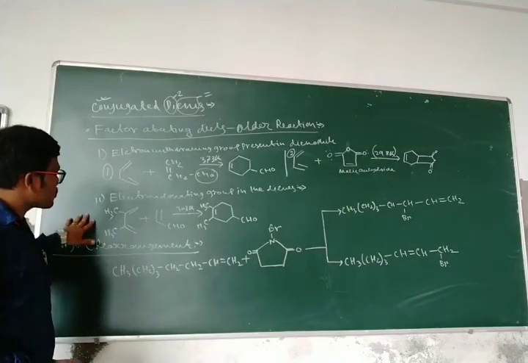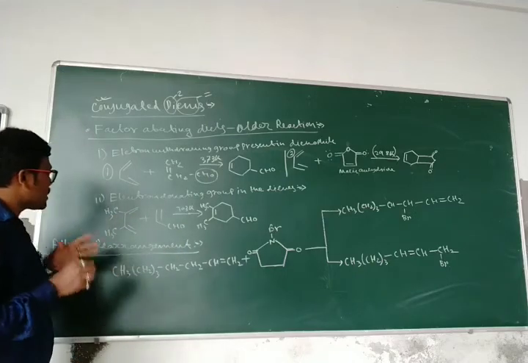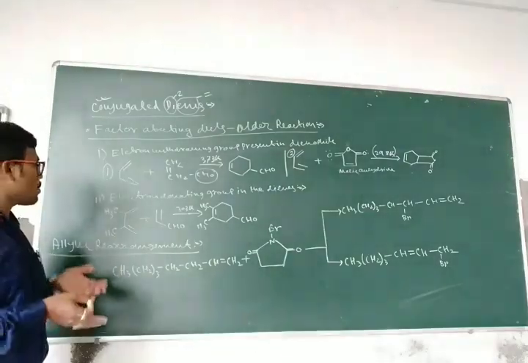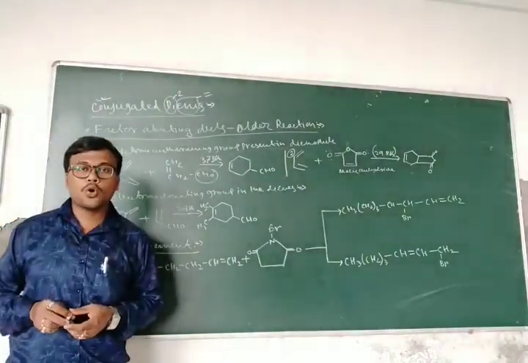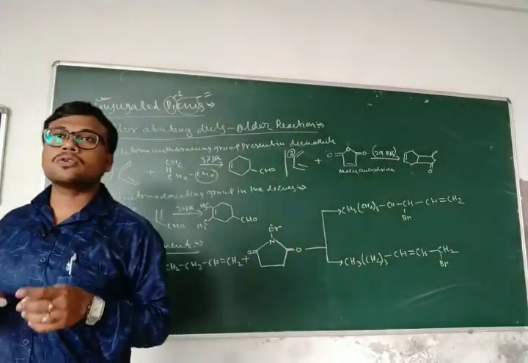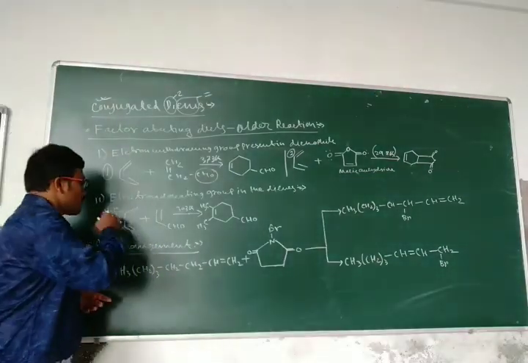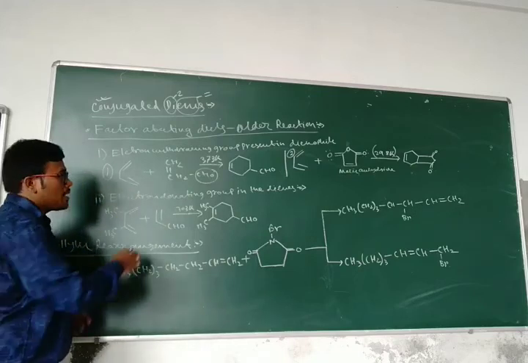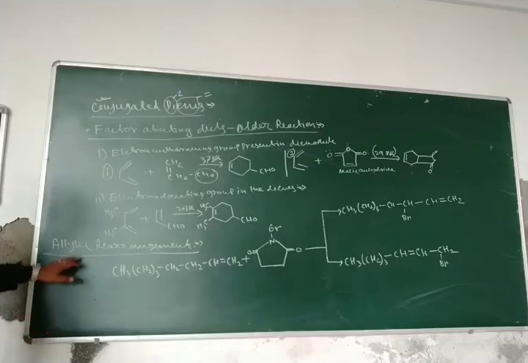This also affects the reaction, that is, if more electron donating groups are present in the diene, then the rate of reaction also depends on it and the temperature required is very low. Okay, so if electron donating groups are present, then the probability of donating electrons means the pi bond can easily open, so the reaction rate will increase. Okay, so next is allylic rearrangement.